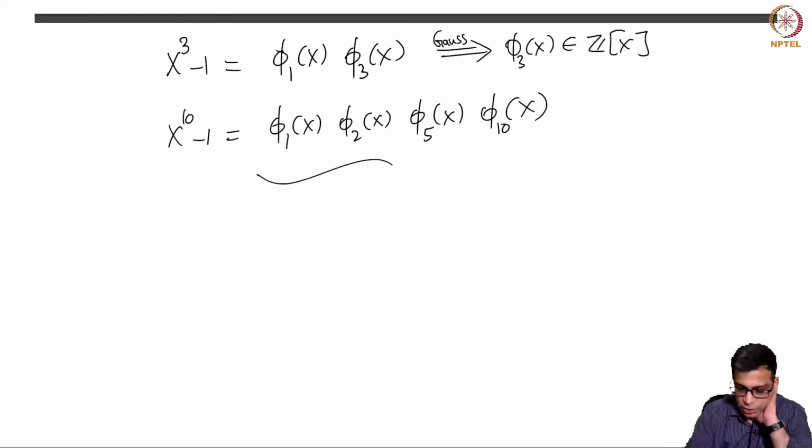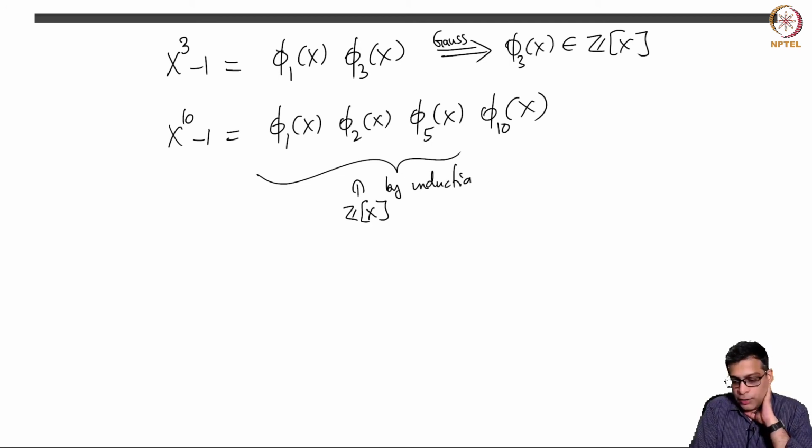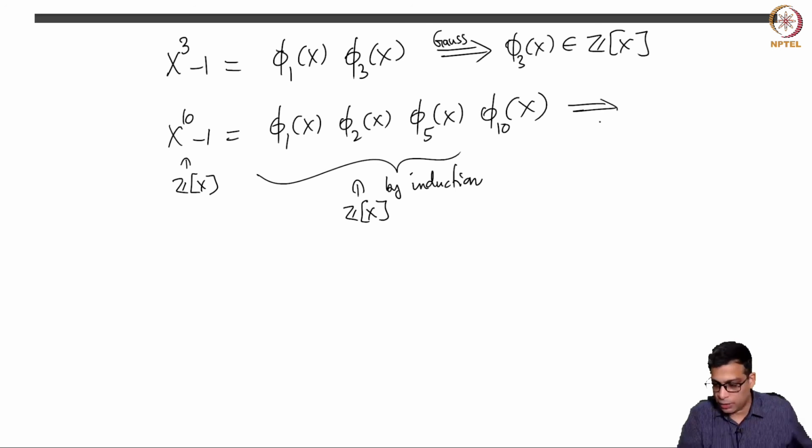By induction, these are all in Z[x], and hence this is in Z[x], of course, and by Gauss's lemma, phi 10 is in Z[x].